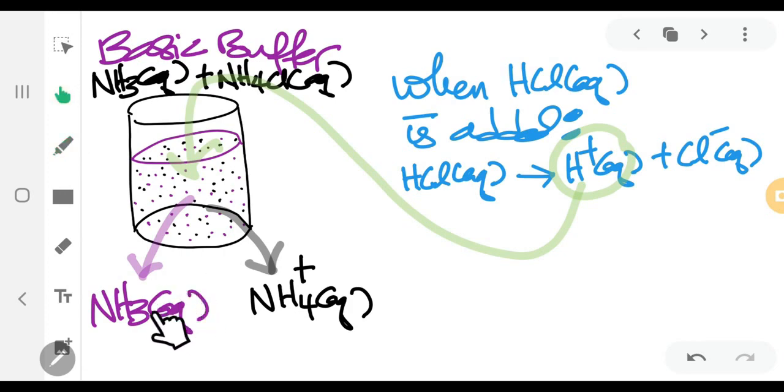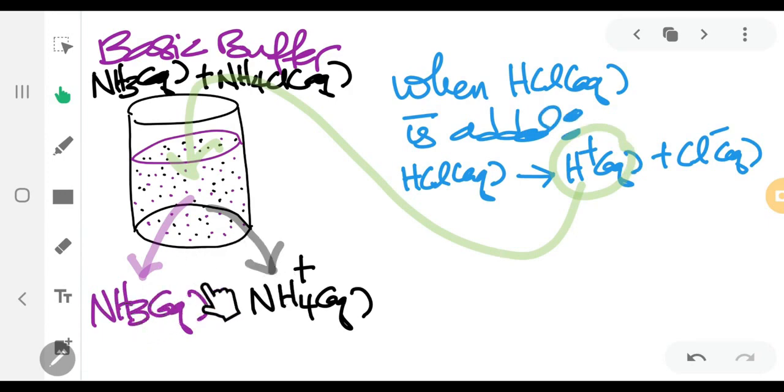So the question now, between NH3 and NH4 plus aqueous, which one of these 2 components of the buffer will be removing H plus? Because the buffer wants to maintain its pH. So to maintain its pH, it must remove the additional H plus from the strong acid. Which one of these will be doing that?